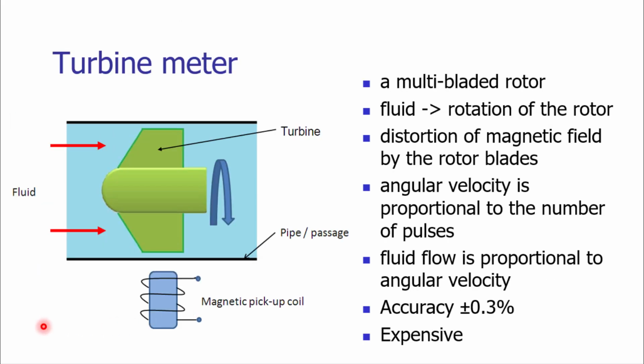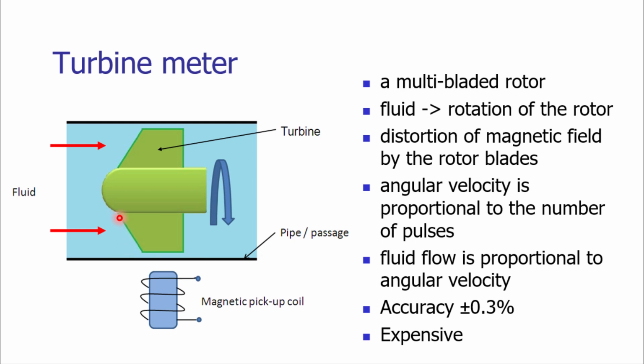One more popular fluid flow measurement device is the turbine meter. The arrangement is very simple. We have a multi-bladed rotor. As the fluid passes over the multi-bladed rotor, the rotor will rotate. In the turbine meter, we have a magnetic pickup coil.